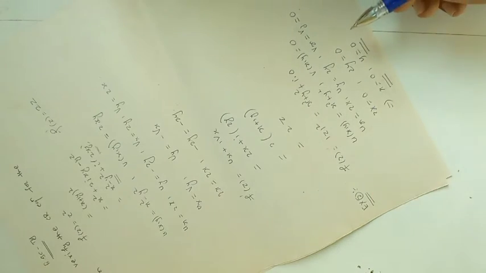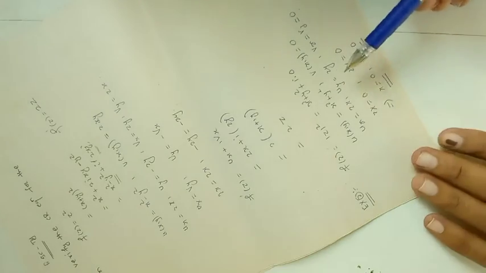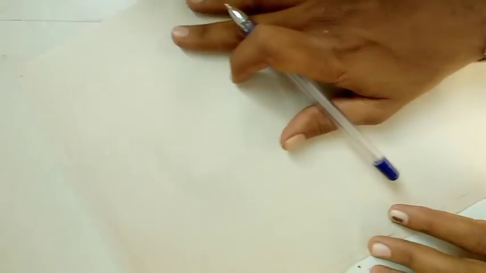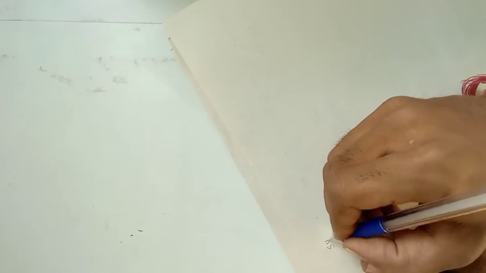And if we take a point other than the origin, then this function is not differentiable at that point. Now let us discuss one theorem which gives the sufficient condition for differentiability.